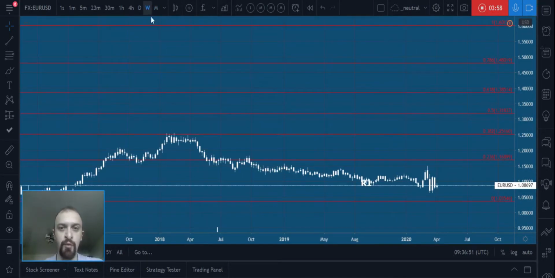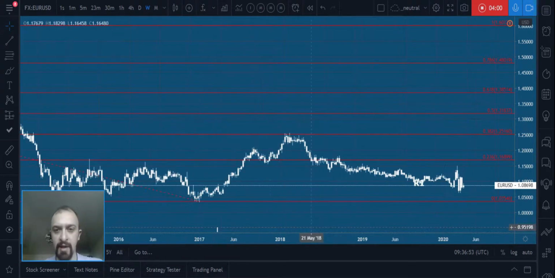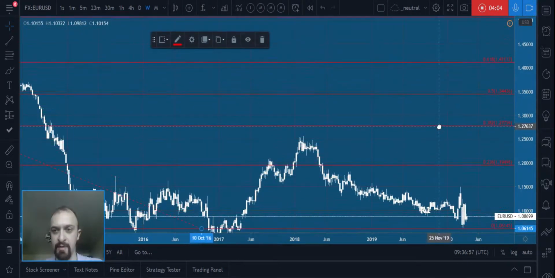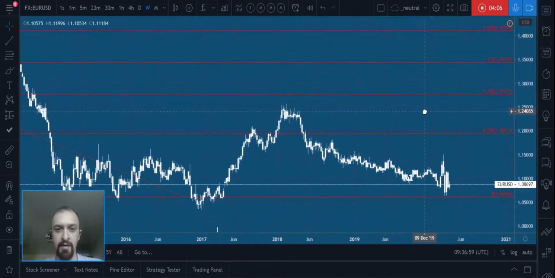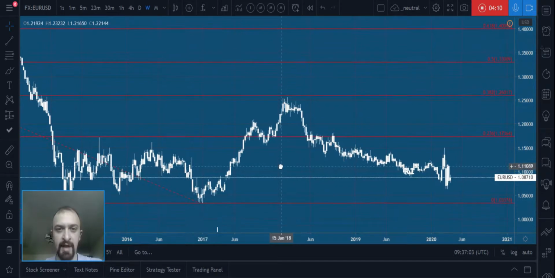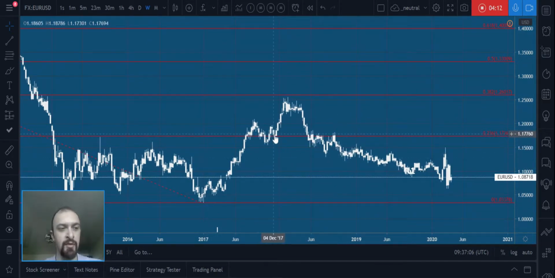Next, I'm going to switch to weekly chart. Okay, to the normal size. Let's see what we have. Here. I have just touched a bit, and you can see, analyze later. I will record a video to show you the importance of those levels.